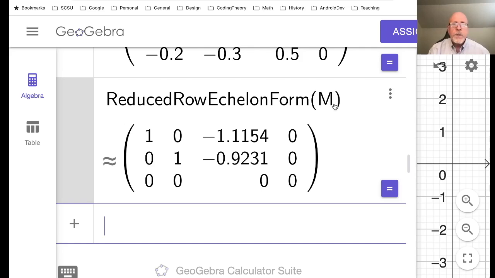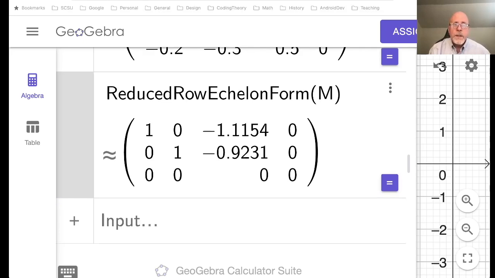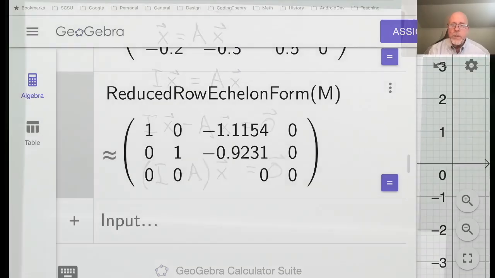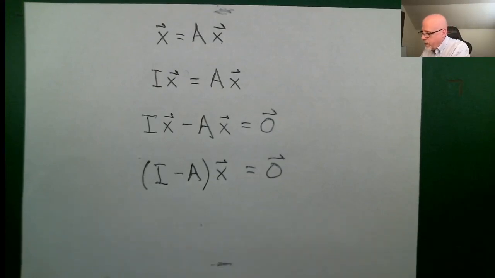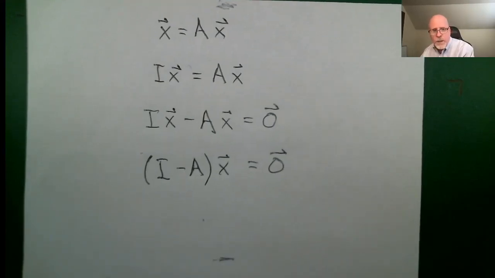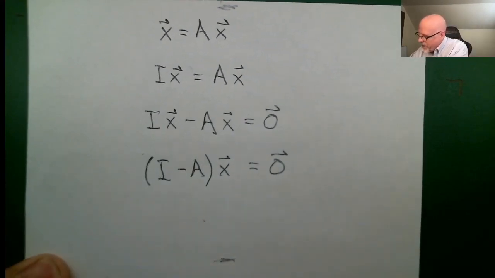I'm going to switch back to the DocCam for a second, and we'll just write that solution down. Let's see if I can manipulate my screen so I can see the numbers again.